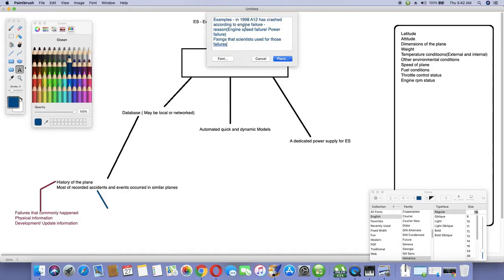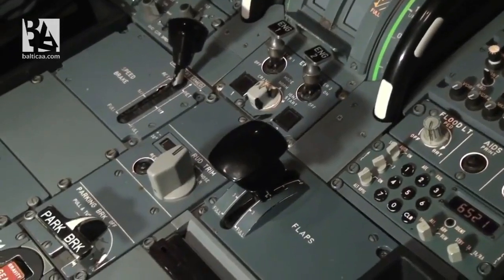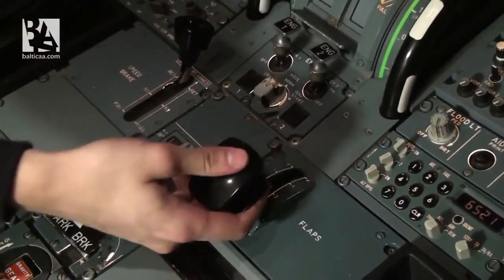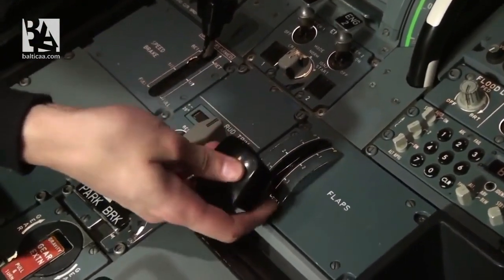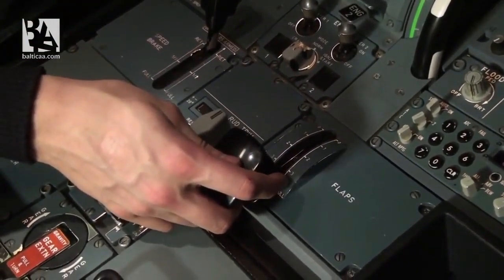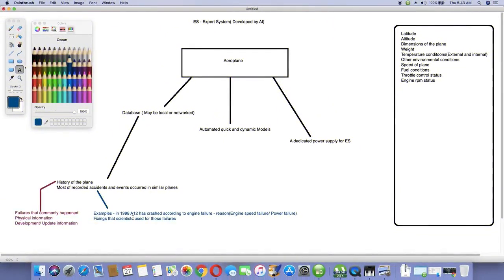So there should be a lot of accidents and events that happen to such similar planes. This example is not real, as I don't think there is any A12 model of plane, nor in 1998. You don't want to think about it. The reason: the engine failure or the power failure, and the fixings that scientists use for those failures.